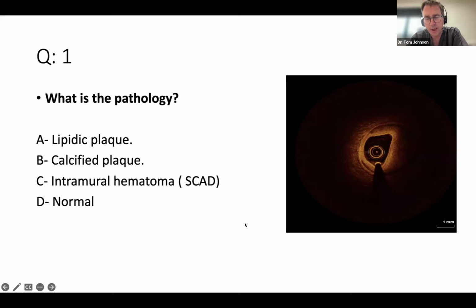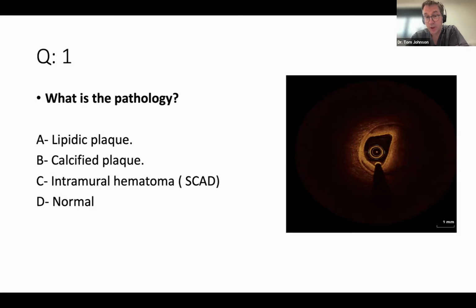The lipid, the classical feature of lipid is that attenuation, which you see very clearly attenuating, certainly from 1 o'clock down to 6 o'clock. From the luminal margin, you have a little bit of backscatter and signal, and then beyond that you lose anything. So to consider that as lipid is not unreasonable.